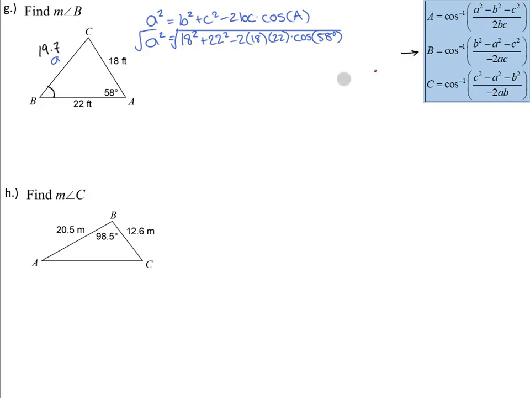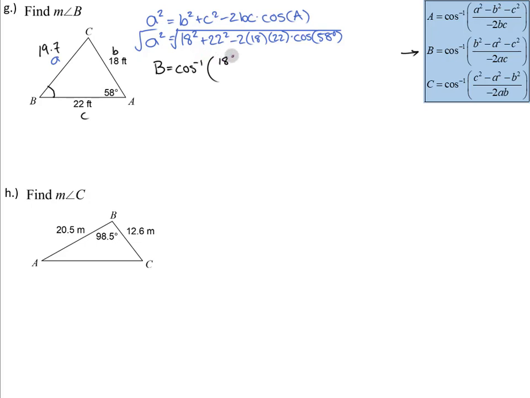Okay, so now we have enough information to solve for the angle at B. So we can go straight to this formula. Again, this is just this same type of formula manipulated to solve for A and get A out of cosine. So we can go ahead and use the one that's labeled as B. So B here is equal to the inverse cosine, or arc cosine, of B squared, so side length B, which we'll call this one and this one.